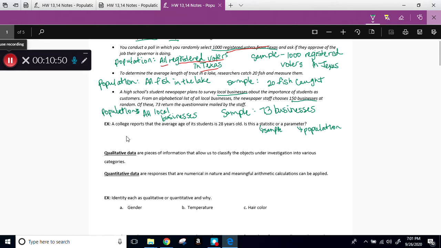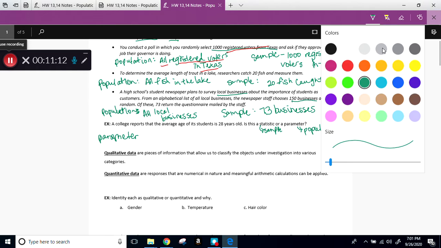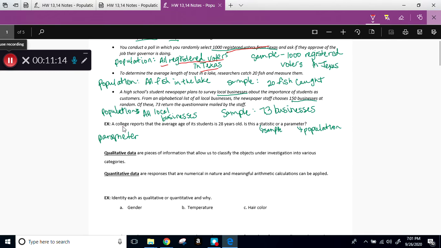Okay, so this is really going to be a parameter, because they can get the information from all the students at a college. They'll know how old their students are. They can run a report that says what the ages of all their students are. So they have access to that.